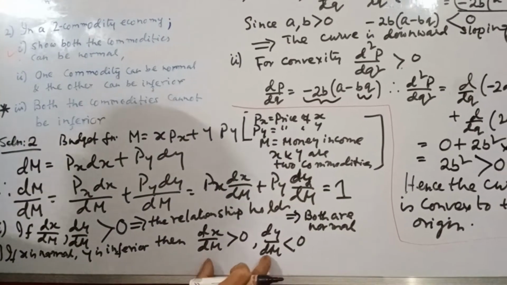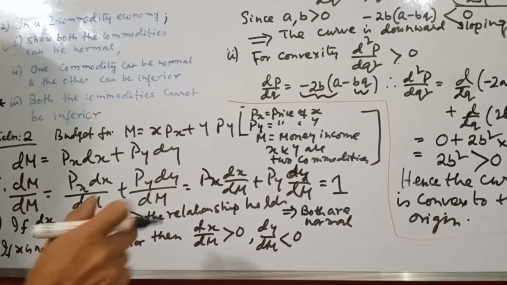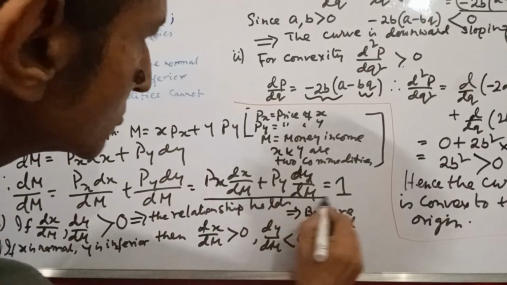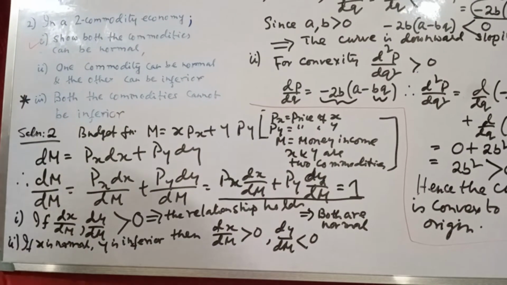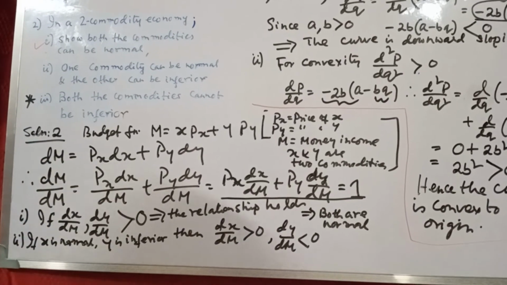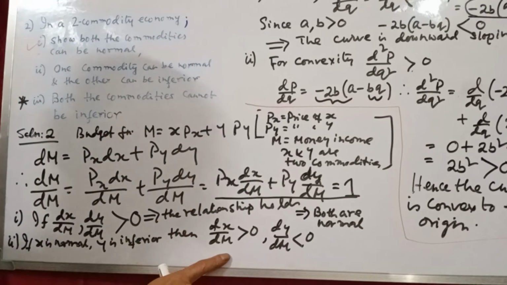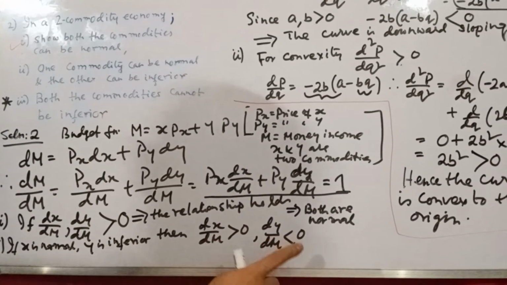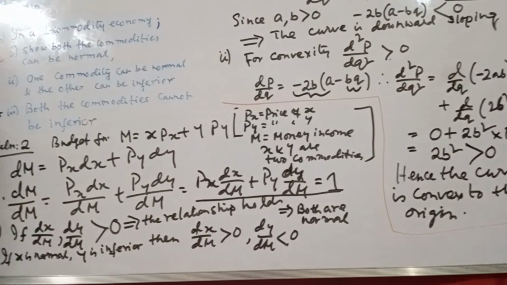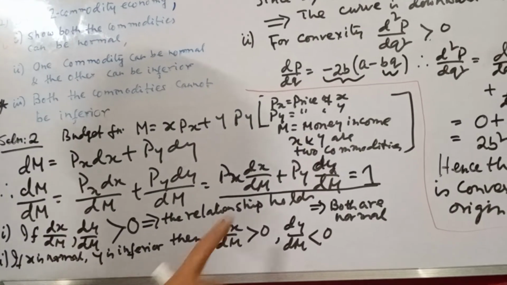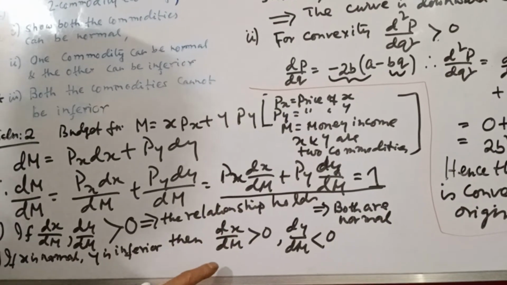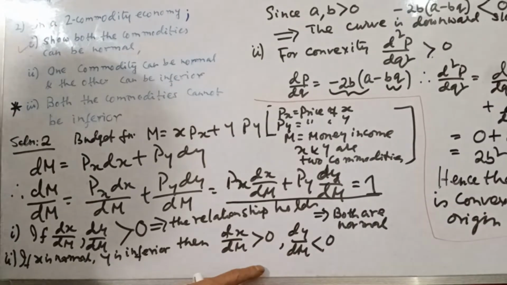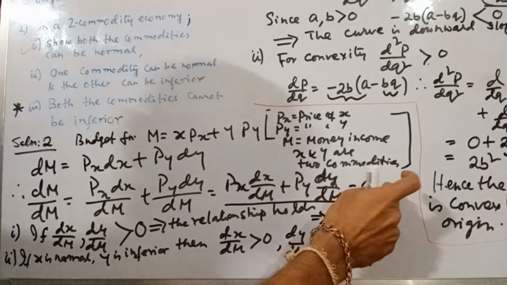If this happens, then still this relationship holds good. If x is normal, then dx/dm is greater than 0. If y is inferior, then dy/dm is less than 0. If x is normal and y is inferior, then still this relationship holds good.